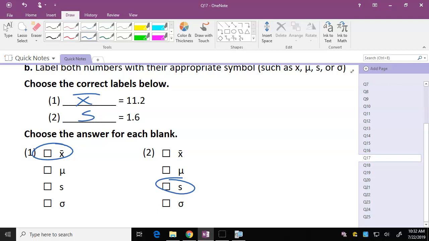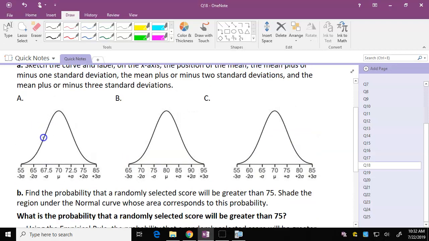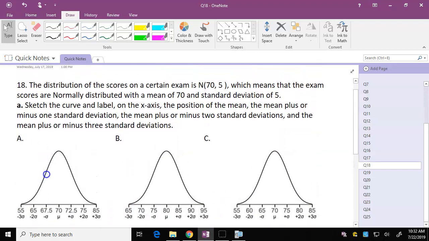All right. Number 18 is from 9.2. Okay. So it says the distribution of scores on a certain exam is N(70,5), which means that the scores are normal, and the mean is 70 and the standard deviation is 5.